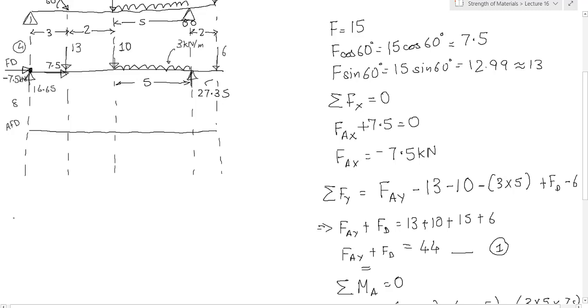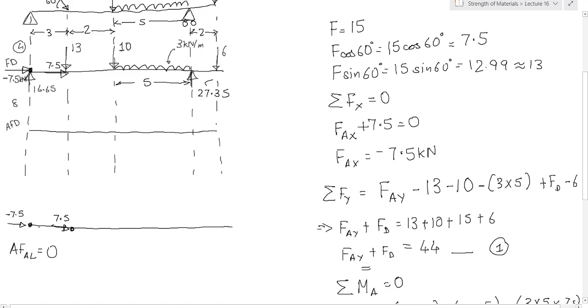I will draw this diagram again so that it is clear, and I will draw only the axial forces. Here there is an axial force, here there is an axial force. This is minus 7.5 and this is 7.5. There are no other axial forces anywhere, right? So, axial force to the left of A is what? 0. To the left of A there is nothing, right?